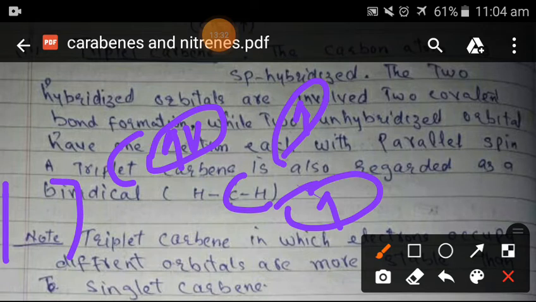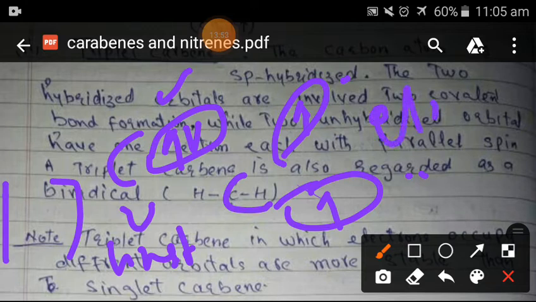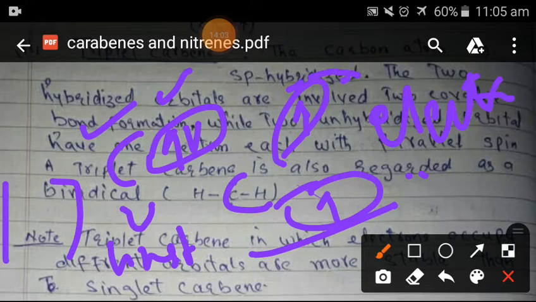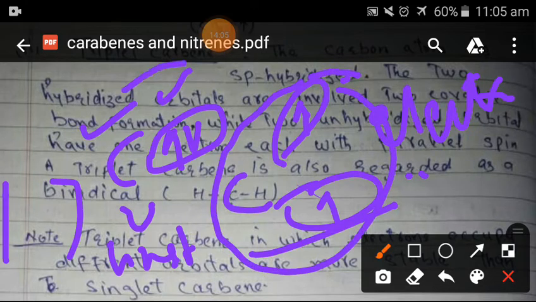When two electrons are present in the same orbital, there is electron repulsion and some instability, compared to the case where the electrons are in two different orbitals. So there is no electronic repulsion in triplet carbene, whereas there is electronic repulsion in singlet carbene. So in practice triplet carbene is more stable than singlet carbene.